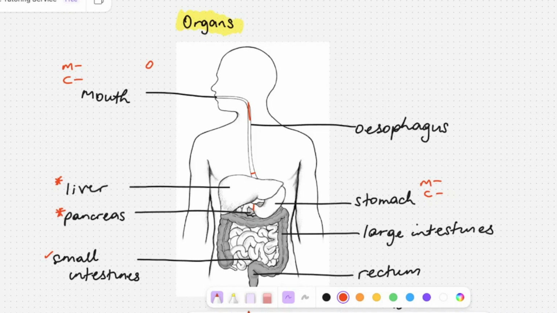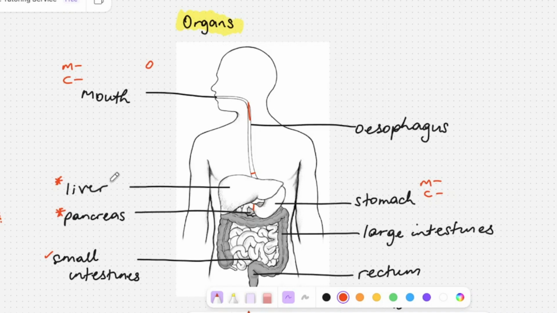And we should also know that the microvilli themselves, very close to their surface, release enzymes that also help finish this whole process of digestion. But apart from that, we should be familiar with the accessory organs. So we have the liver as well as the pancreas.